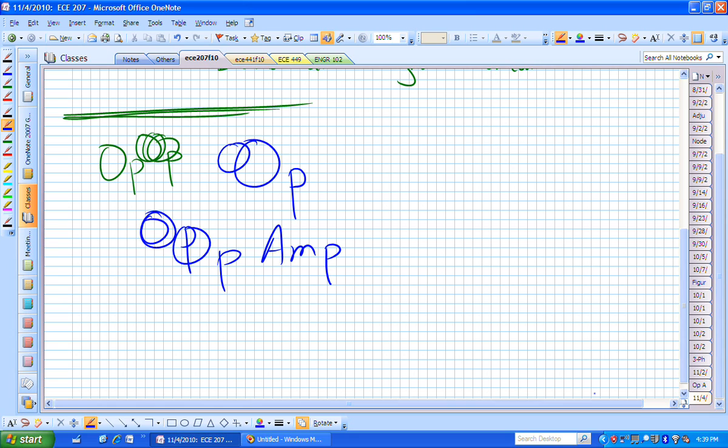I sub 3 is right here, R2 over R3 times I2, but I'm going to remember that I2 was I1. Now I can put all of those together and I have R2 plus R4 plus R4 R2 over R3 times I1 is V0.